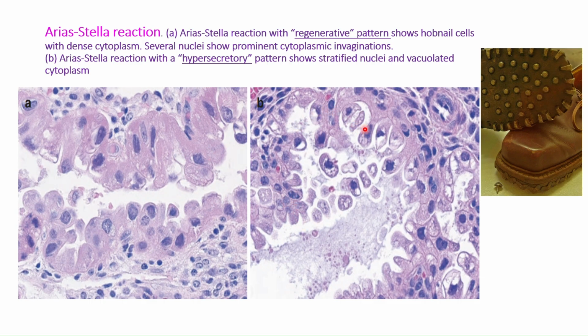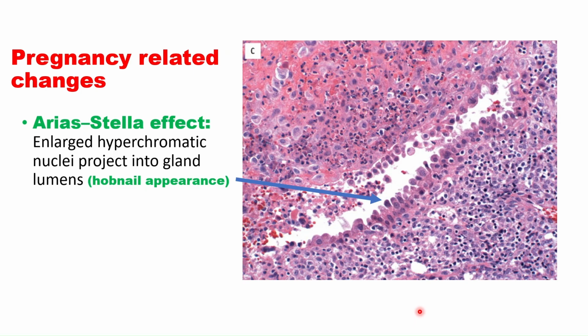So this is the hypersecretory pattern. As compared to the other pattern, this has vacuolization, enlargement of nuclei, hyperchromasia, along with stratification, secretion, and hobnailing effect. So this is the hypersecretory pattern. This is the regenerative pattern.